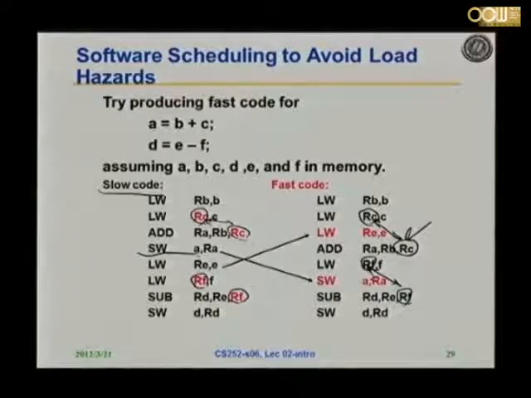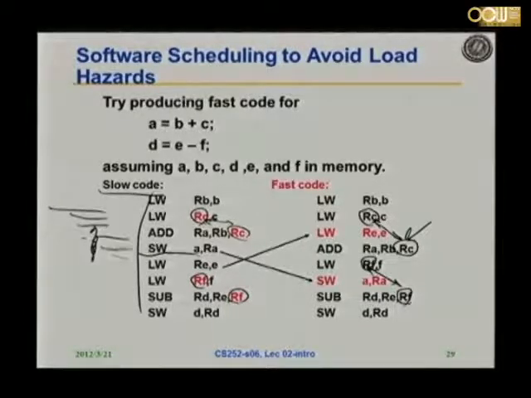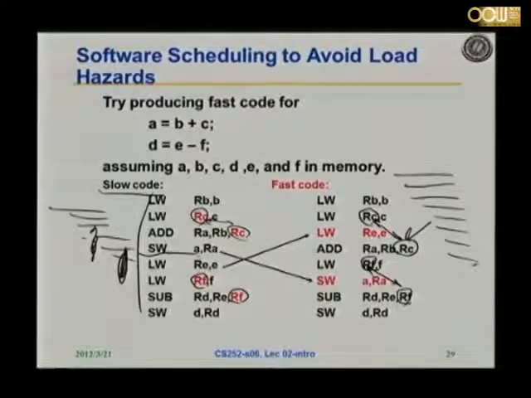So with this code sequence, my execution will have two vertical bubbles. And for this code sequence, there will be no bubble at all, speeding up my code. This would be compiler optimization. Hardware can do that too. Compiler can do it, hardware can do it. Here, we make an assumption that the compiler is doing it. For hardware to do it, it would have to be within its block, right?